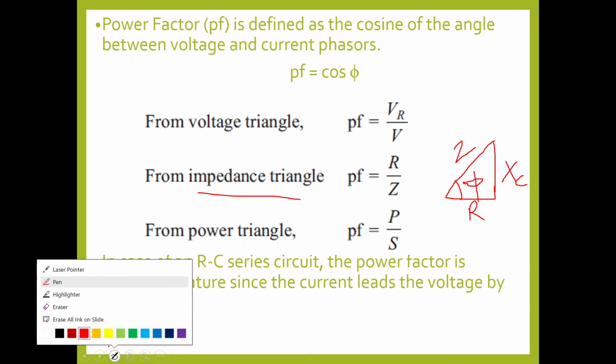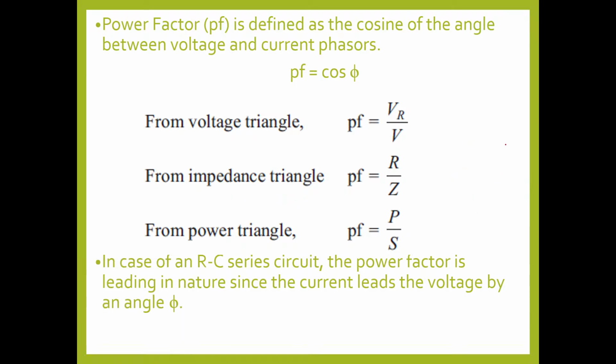Similarly, next the power triangle. This is phi, the base angle. This is real power and this is reactive power. This is apparent power.